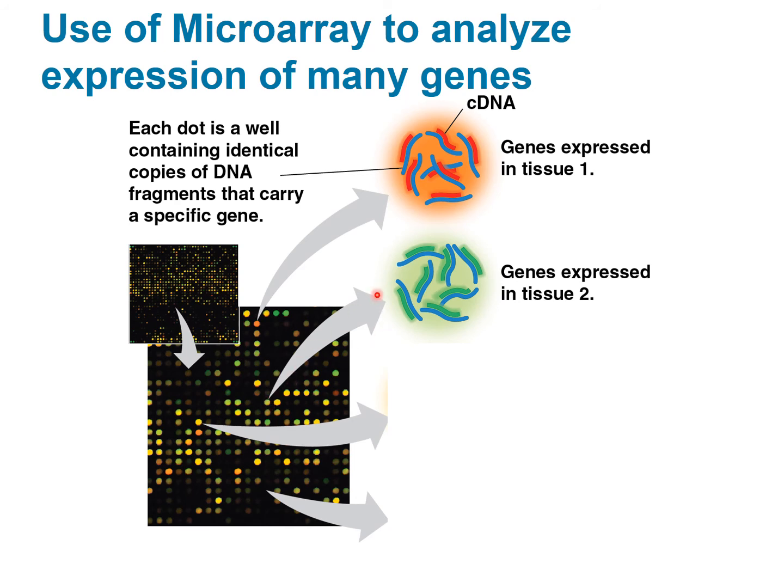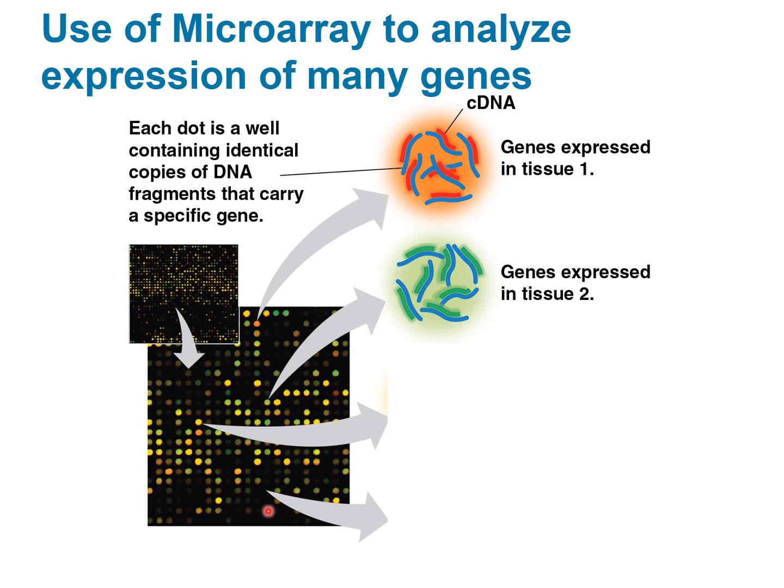And if it's just green, then the genes are only expressed in tissue 2. Now, when there's a yellow dot, it means that both genes are expressed. So the overlap of those fluorescent dyes shows up as yellow rather than red or green. So a combination of the two shows up as yellow.